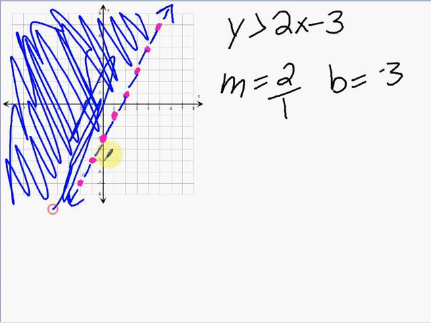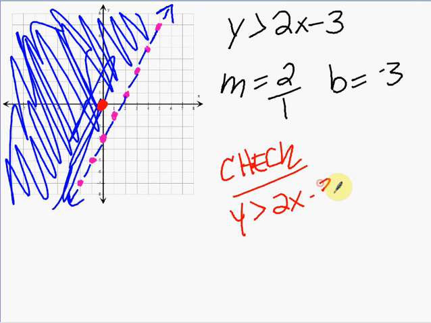Okay. Quick check. If I wanted to check, let's use my 0, 0. See how it's not on the line, so I can use it. We'll do it in red. This should work since 0, 0 is in the area that I think is shaded. So let's see. Let's put down our inequality. Put 0 in everywhere we have a variable.